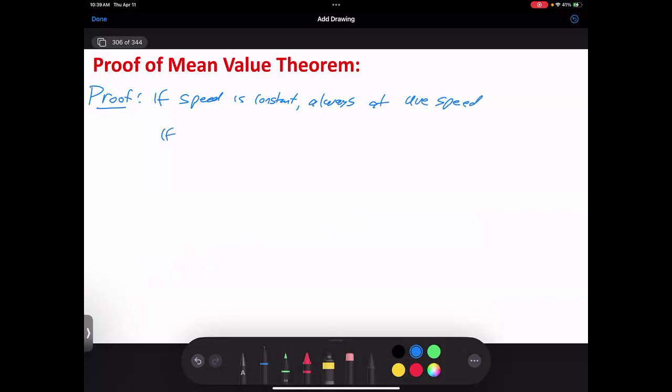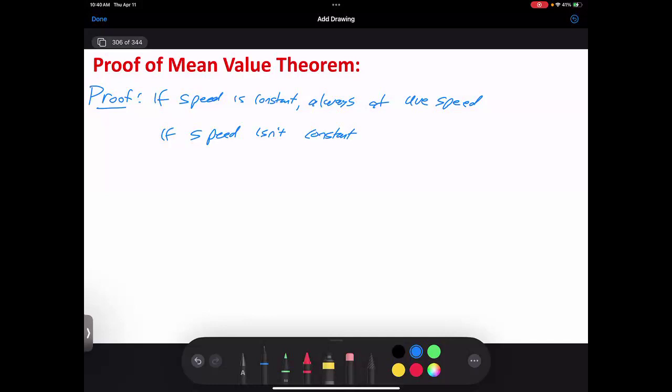So if speed is not constant, could you always be traveling below the average speed? No, if my average speed is 50 and I'm always traveling below 50, I'm not going to be averaging 50. Could I always be traveling above the average speed?